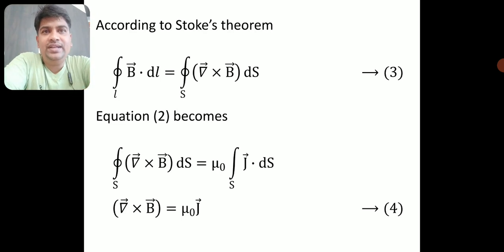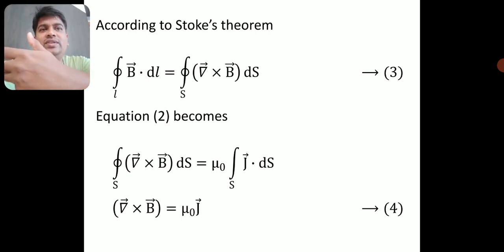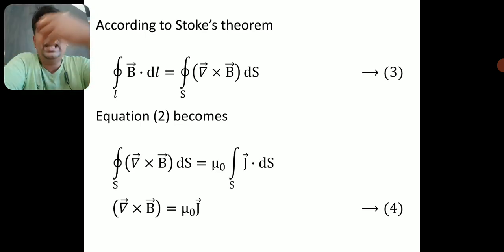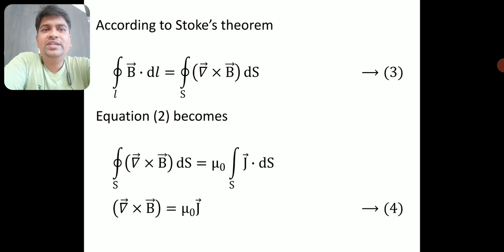So the line integral of B dot dl equals the surface integral of curl of B dot ds. This is equation 3, Stokes theorem, and I am going to substitute it in equation 2. So the surface integral of curl of B dot ds is equal to mu naught times I, which is the surface integral of J dot ds.